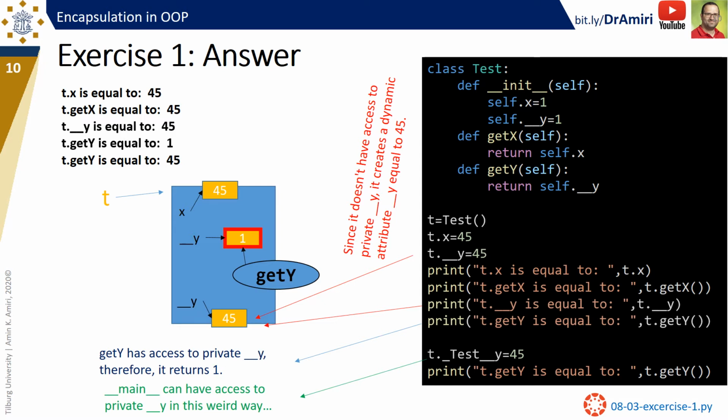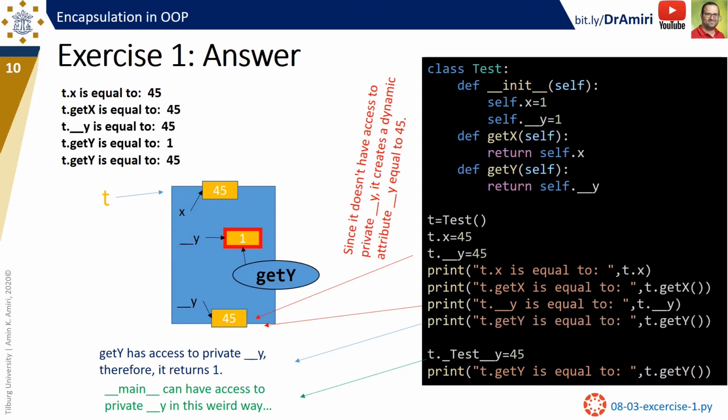So this dunder Y that is going to be created is going to be a public dynamic attribute of that instance of T. So when you try to print T.__Y, because you don't have access to the private attribute, which is 1 in this case, Python thinks that you are trying to have access to a dynamic attribute, which is 45 at this moment, and that is going to be printed.